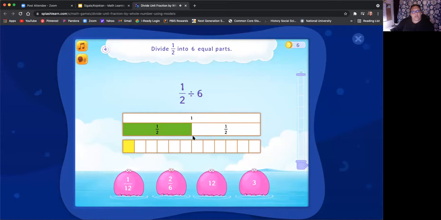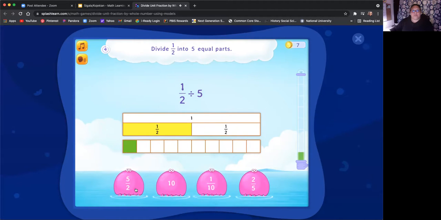So 1/2 into 5 equal parts. I have 1 whole, which is split into 2 halves. Now I have to split that 1/2 into 5 equal parts. 1, 2, 3, 4, 5. But I have 10.